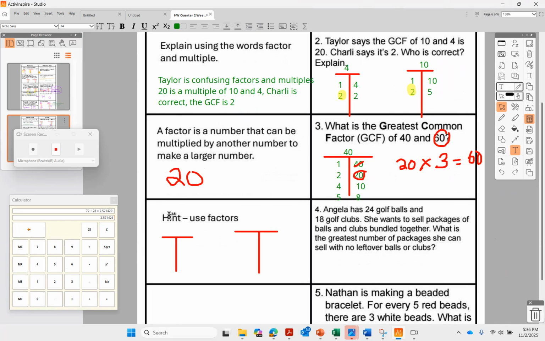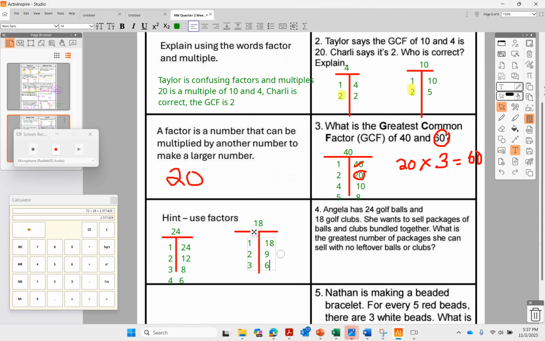So factors of 24. 1 times 24, 2 times 12, 3 times 8, 4 times 6. That's 24, and then over here we're going to have 18. 1 times 18, 2 times 9, 3 times 6.